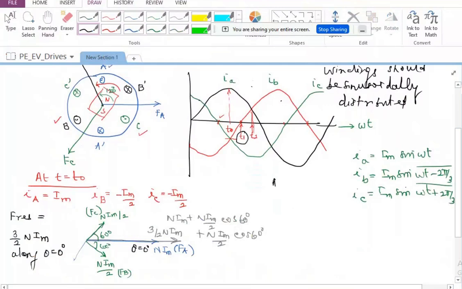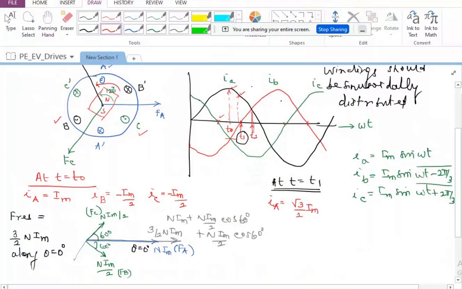Now let me try to check what happens at t equal to t1. If I try to look at T1, this is the point at which I am looking. This is exactly about 30 degrees away from the peak point. So this will be equal to sine of 120. So I of A will be sine 120, which is root 3 divided by 2 Im.